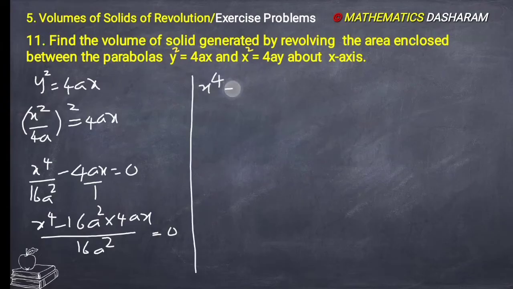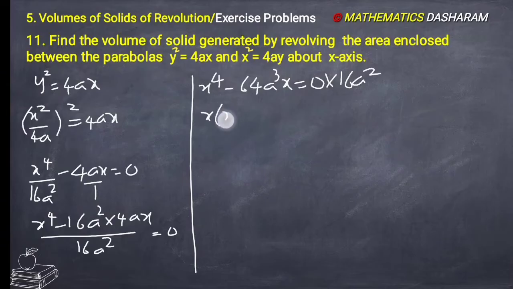Then x to the power of 4 minus 16 fours is 64a cubed x equals 0, into 16a squared. Now here we can take x common. x cubed minus 64a cubed equals 0 into 16a squared, which is 0.